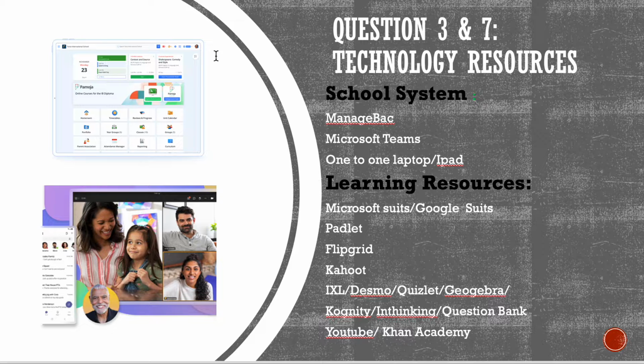Questions 3 and 7 are about technology resources. Most of the schools in my local area have the same school system, managed by Microsoft Teams, with laptops and iPads. Learning resources differ by subject, but I just took all the general apps we're using: Microsoft Suite, Google Suite, Padlet, Flipgrid, and Kahoot.